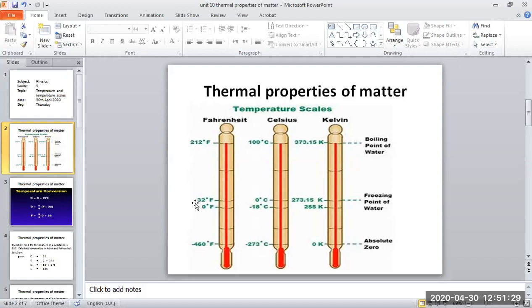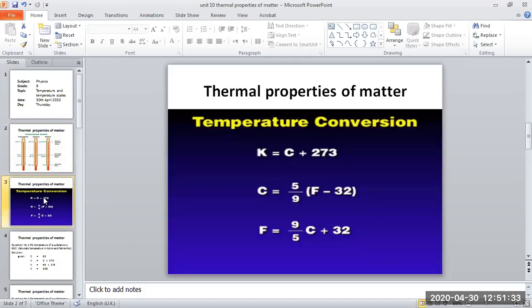Now here I show you the different formulas that we use to convert one unit to another. For example, if you are given Celsius and you want to change it into Kelvin, you put the value of Celsius here and add 273. Then your answer will come in Kelvin.